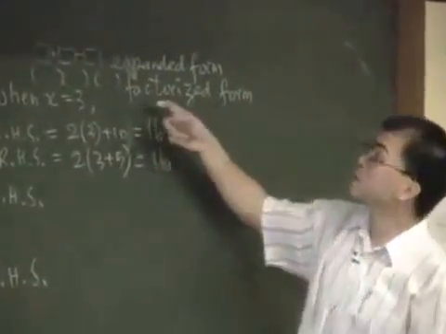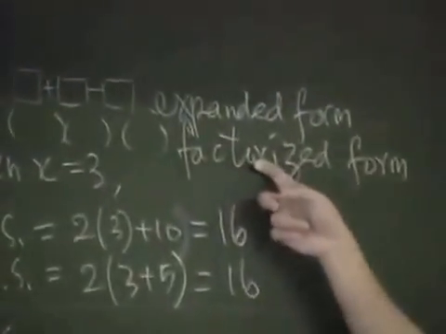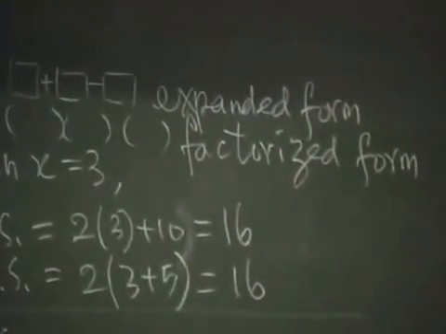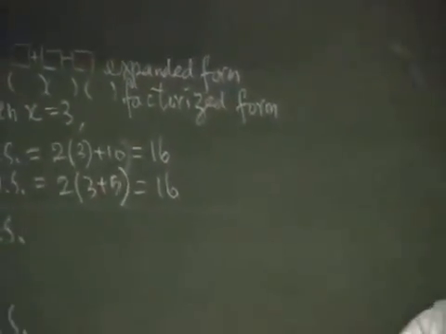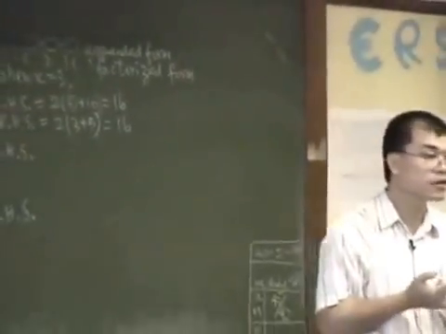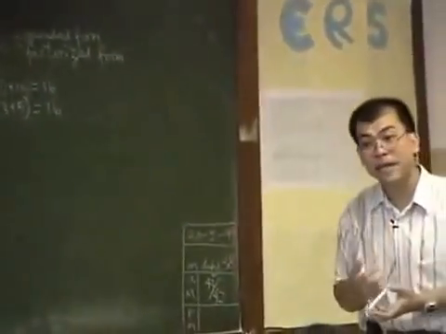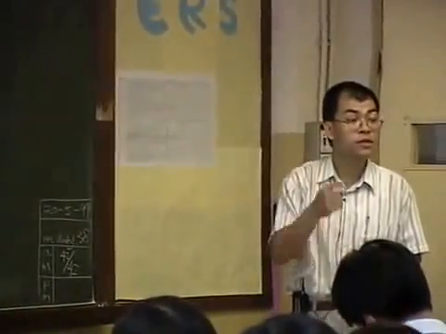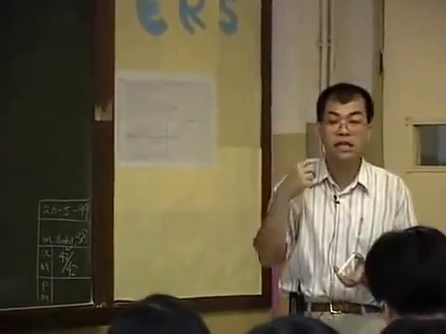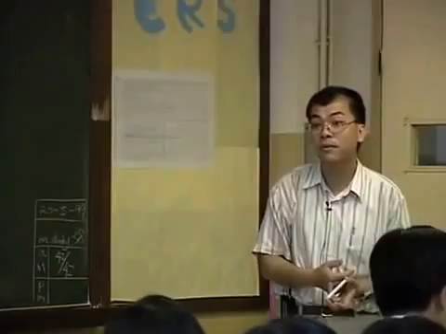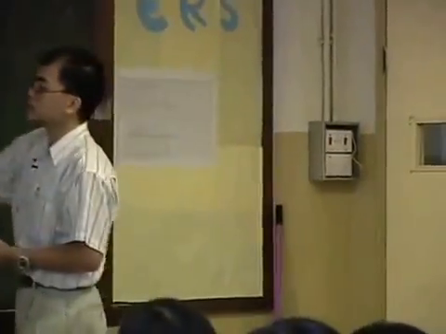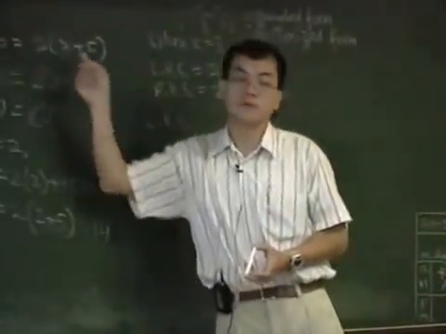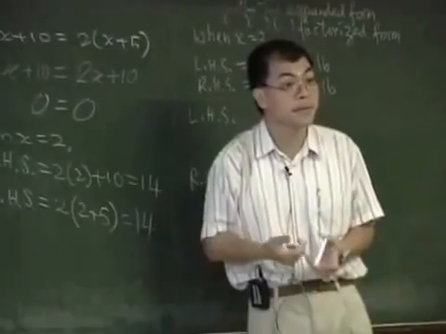But if you want to find the factorized form, you need to find common factors or maybe groupings, etc. Therefore, usually, expanded form will be more common. Just use multiplication, expand it one by one. Okay? We'll try to change both sides to expanded form and compare.